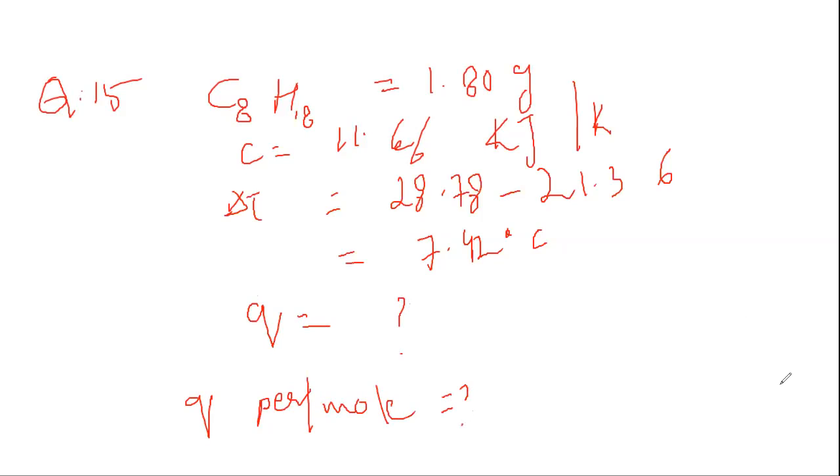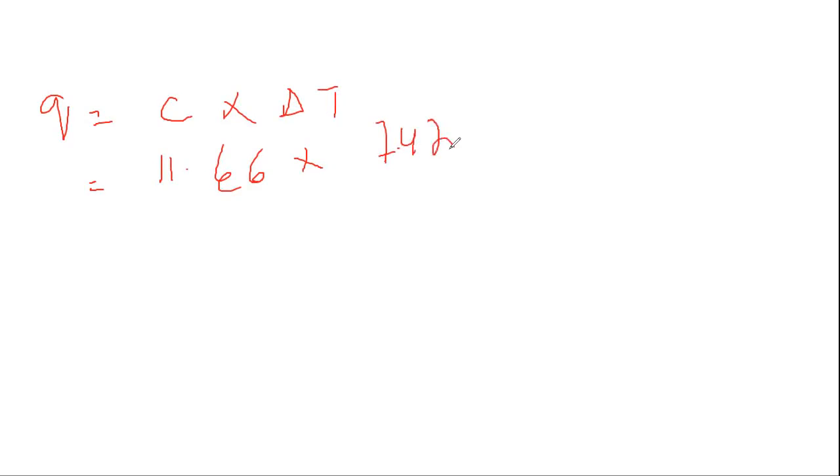So the simple formula that you have to use is Q is equal to heat capacity multiplied by change in temperature. Heat capacity is given, that is 11.66, multiplied by change in temperature, 7.42 degrees Celsius. So you have to multiply both these values. You will get 86.51 kilojoules.